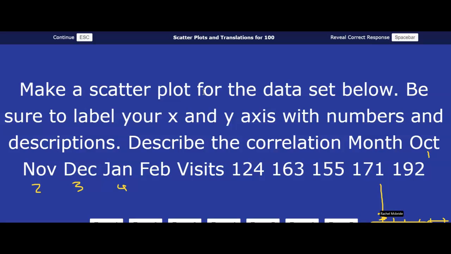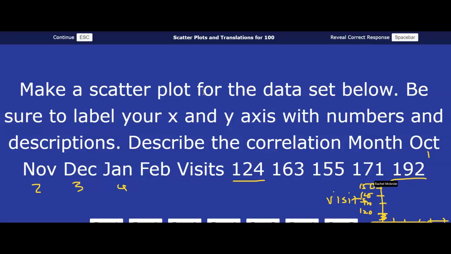You put a squiggle at the bottom to say you are jumping from one part to the other. This piece over here is visits. Our lowest is 124. Our highest is 192. So maybe I go 120, 130, 140, 150, etc.